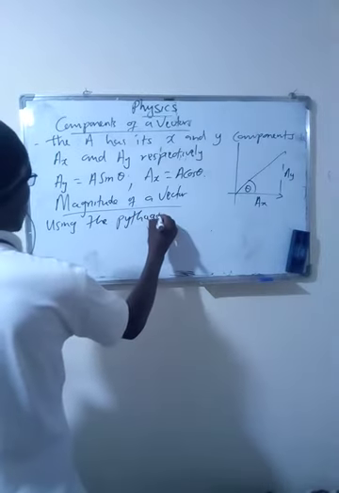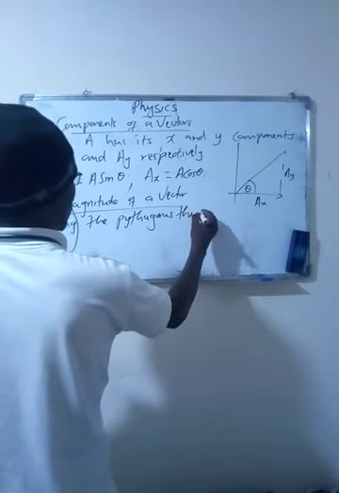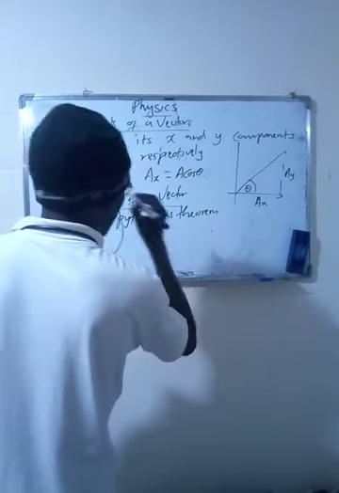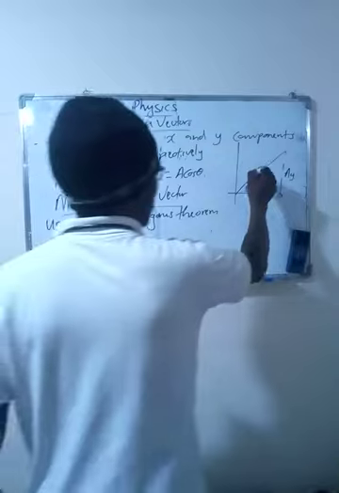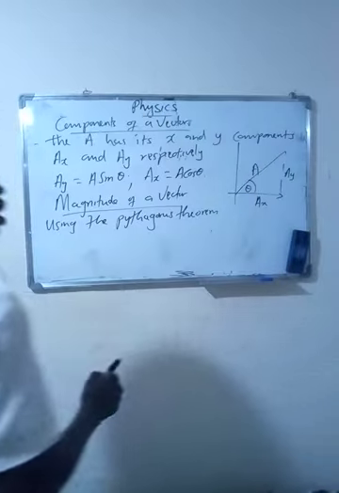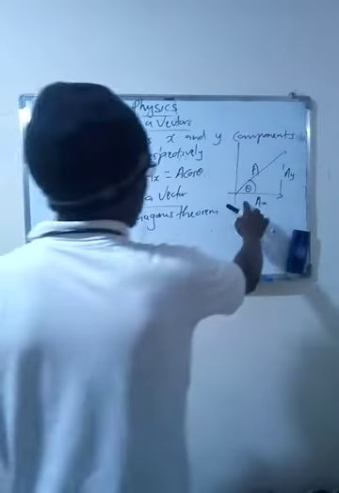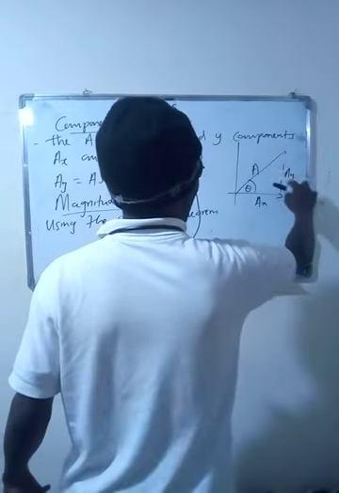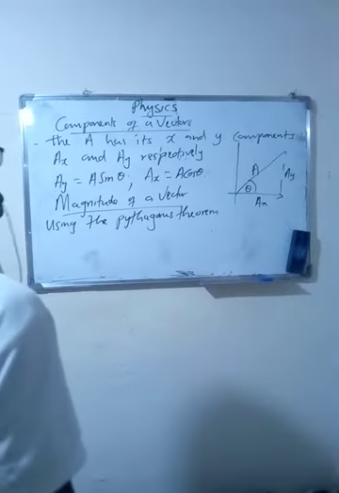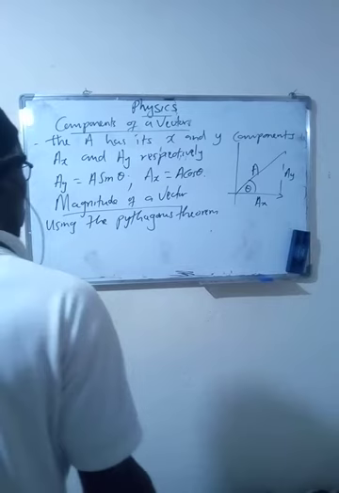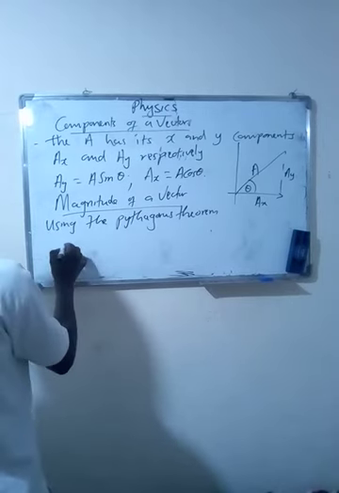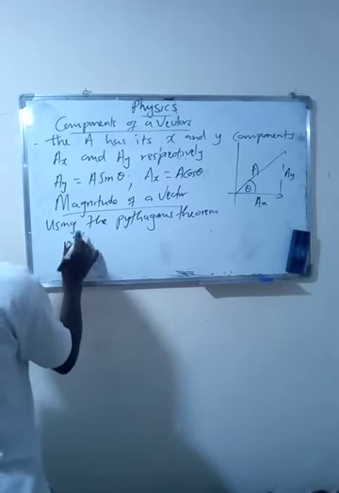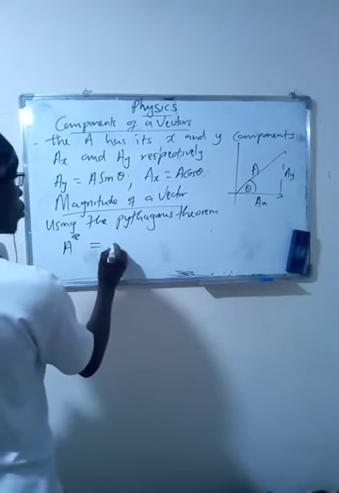So this is a, which is the hypotenuse, the adjacent is ax, and then we have the opposite. Remember, according to Pythagoras theorem, a squared is equal to ax squared plus ay squared. Now, what we want to get is a, the magnitude of a, so we apply the square root on both sides.